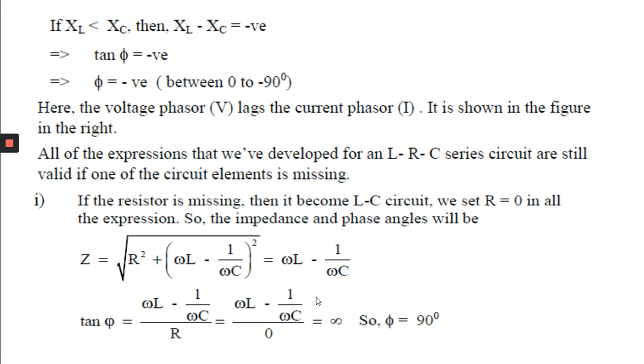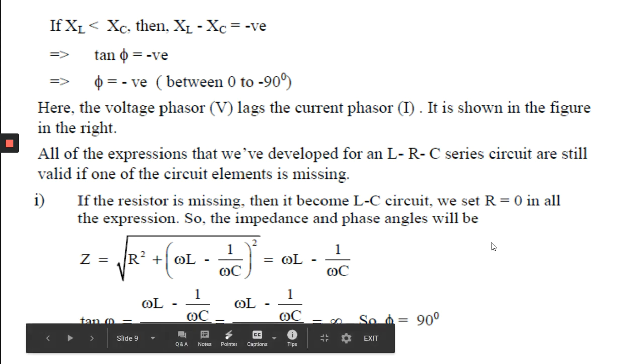Also from the mathematics, it is clear that when XL is more than XC, tan phi is positive, that's why phi is positive, and when XL is less than XC, tan phi is negative, that is, phi is negative. So accordingly, we'll find out. Now you can say that the expressions for impedance, current and phase difference are general expressions, and even if one circuit element is missing, this works. Now let us see how it works.